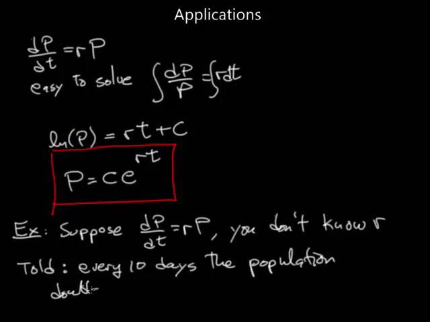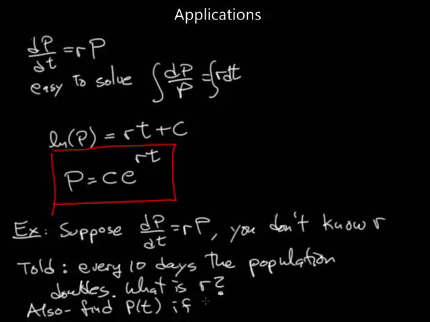So that's a property of exponential growth, which is that the doubling time is constant. You know, if in 10 days it doubles, and then the next 10 days it doubles again. And suppose I tell you that the number 10, you can find r, and you can also find, the second part of the problem is find p of t, assuming that I've told you that the population right now is, say, 1,000.